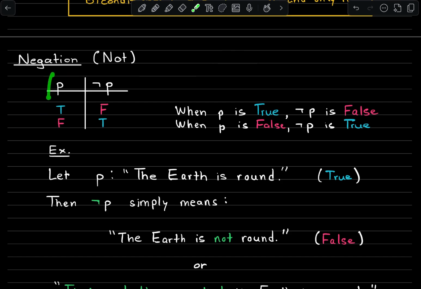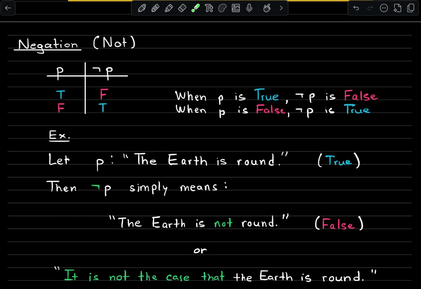So we're only dealing with the one proposition here, it's P. And in the case that P is true, well then not P, whatever the opposite of P is going to be, false. In the case that P is false to start off with, well then the opposite of P should be true. Okay? And that's exactly what we've written here. So when P is true, not P is false, or the negation P is false. When P is false, the negation P is true.